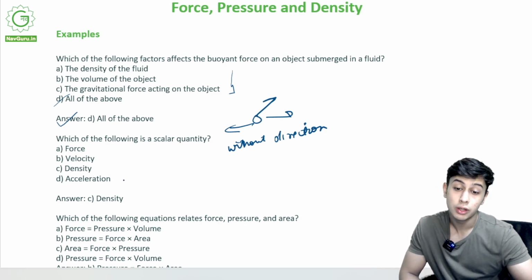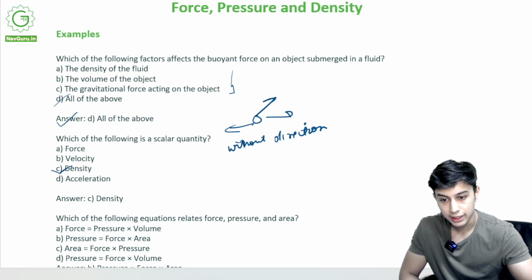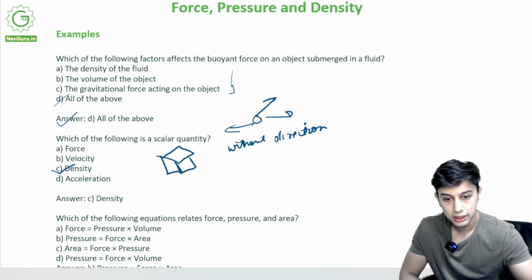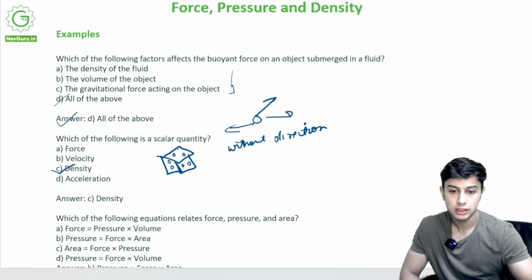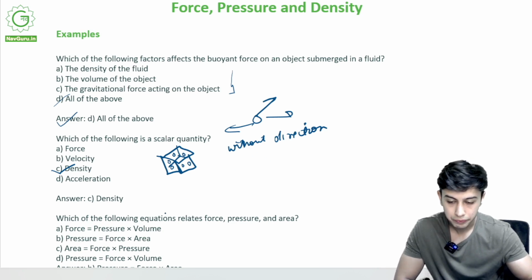Acceleration, of course, when you are driving a car or a motorcycle, it is going in a particular direction with some speed. So only density, if you remember, I told you, supposedly there is some volume and there is some density as well. There are some molecules inside this cube. It is density. It has no direction.